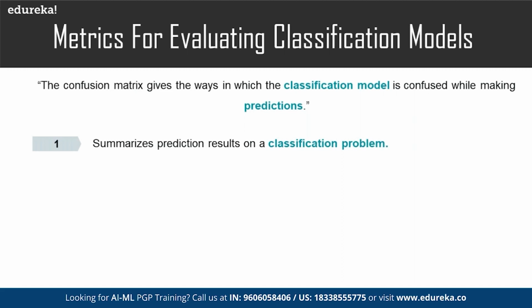For example, we have different things when we talk about the confusion matrix: true positive, true negative, false positive, and false negative. These are the important things we consider. The true positive rate we call sensitivity, which is otherwise called recall.